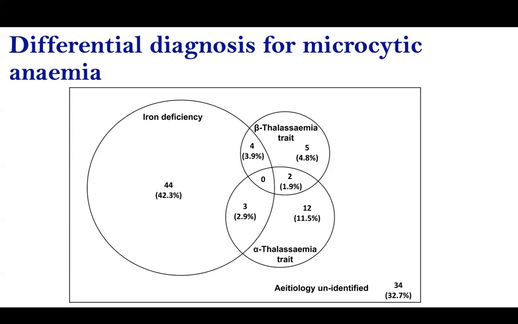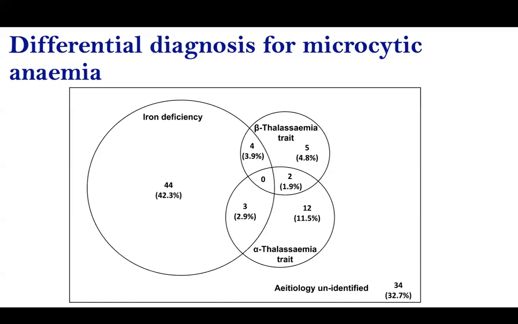Whereas if you are in Thailand, they will do genetic counseling and genetic testing of the partner. So it's just an academic exercise diagnosing alpha thalassemia trait, but as a practicing clinician, you need to know there is something like this, which is common.